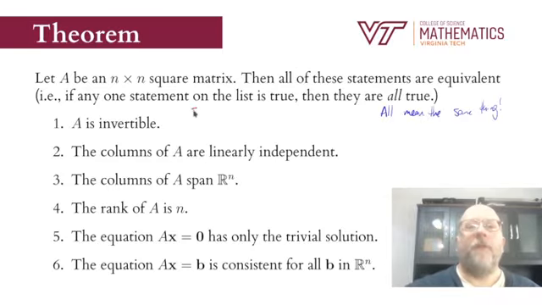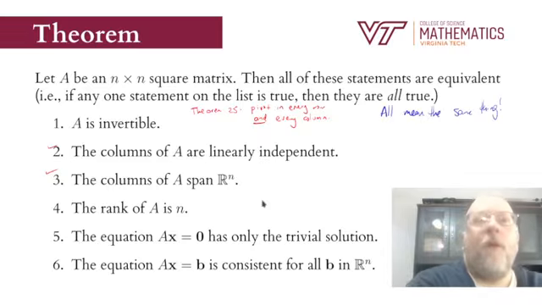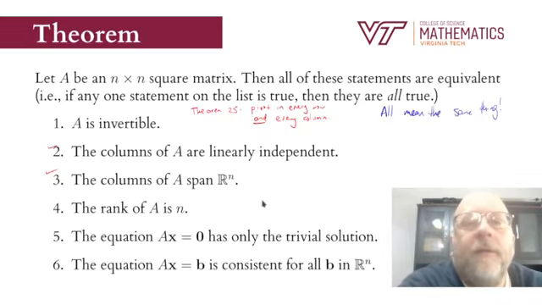Back when we looked at theorem 25, we saw that if a matrix is invertible, that meant that we had to have a pivot in every row and every column. And since it has a pivot in every column, the columns are linearly independent. Since it has a pivot in every row, the columns span R^n.